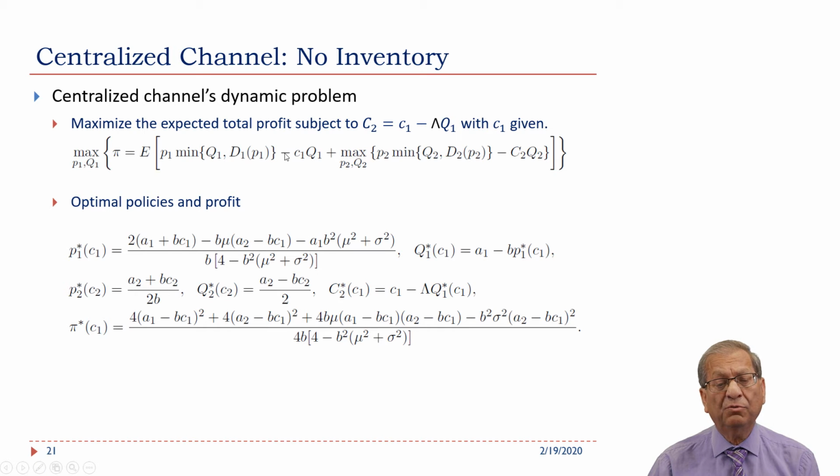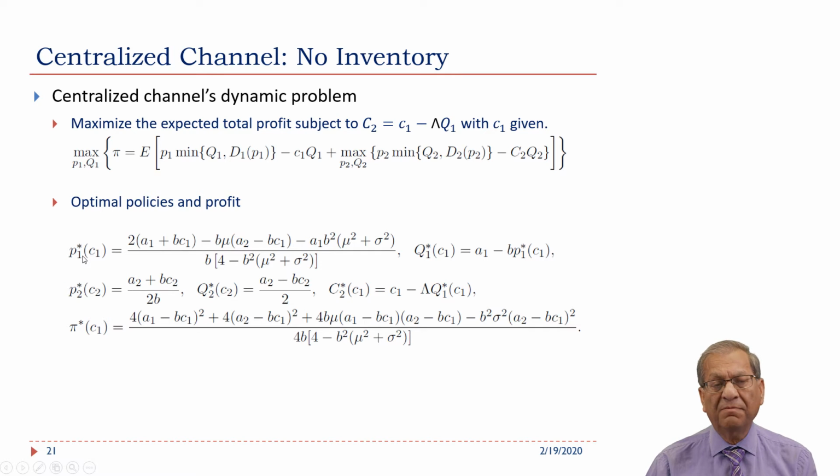The first two terms depend on the profit in period 1, and likewise the second period depends on the profit in period 2. But in the second period, we see capital C2, which is still a random variable in the beginning. So we put an expected value, and we are maximizing the expected profit. This is a straightforward dynamic programming problem, which is easy to solve, and the solution is listed here.